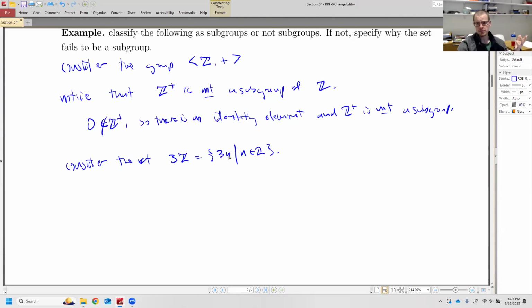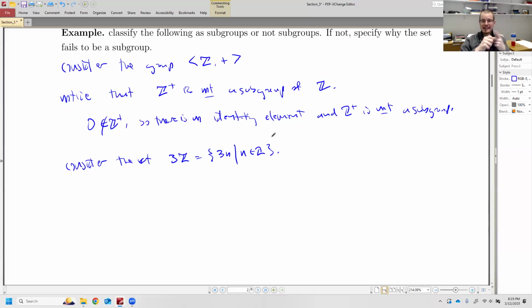So if I consider all of the multiples of 3, and I do so under addition, then I'm still getting 0. And if I have, let's see here, 5 times 3 is 15. Well, I can also choose a -5 times 3, or 3 times -5, to get my -15. And 15 plus a -15 gives me 0.